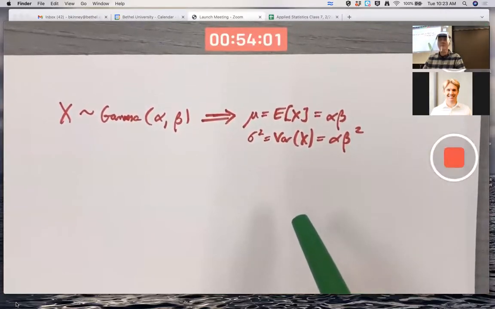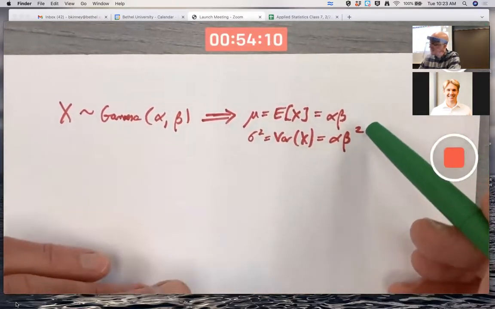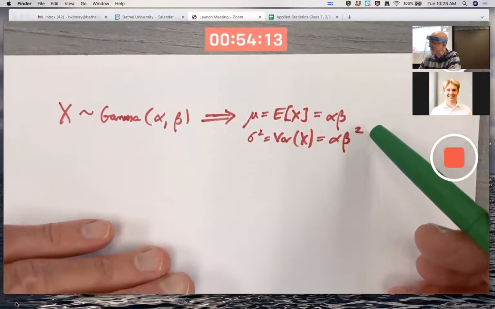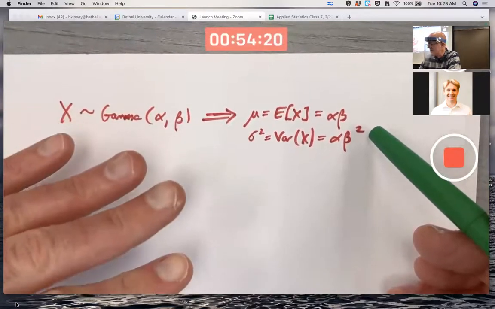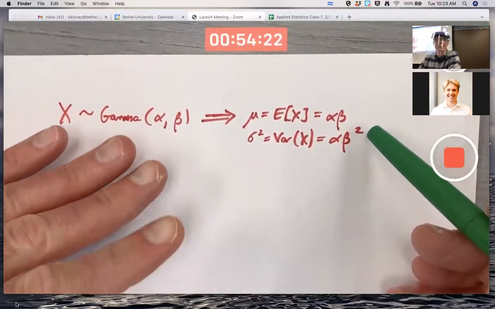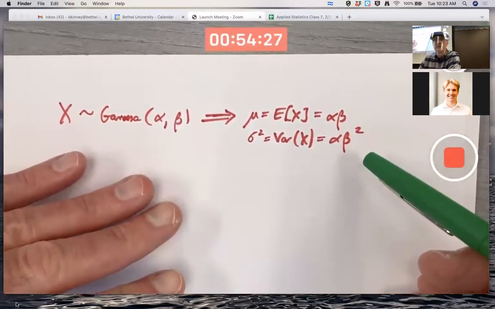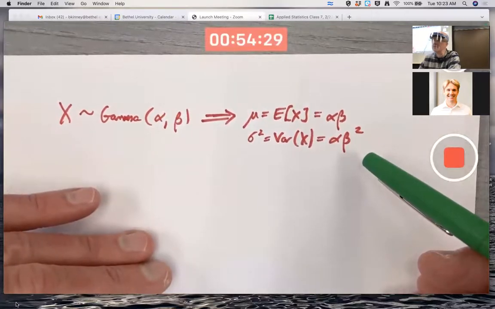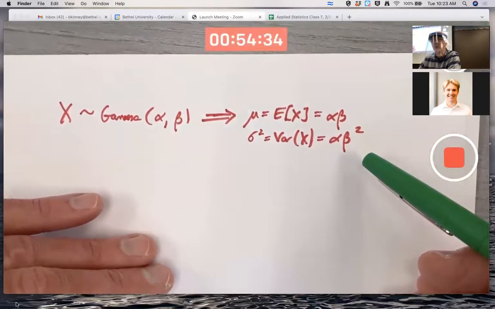Can I come up with estimators for these things? Yeah. Intuitively, you could look at these equations and say, well, if I pretend mu and sigma squared were known, I could solve this system of equations for alpha and beta in terms of mu and sigma squared. But would that be useful? Because I don't really know what mu and sigma squared are.